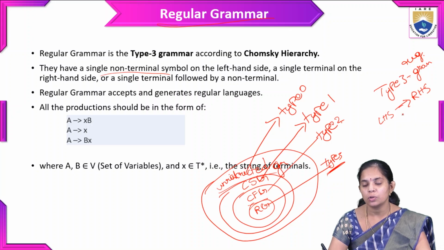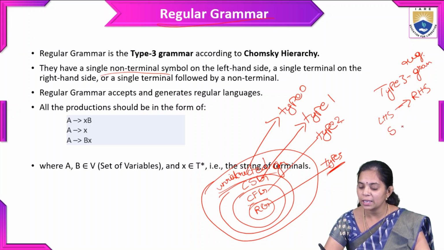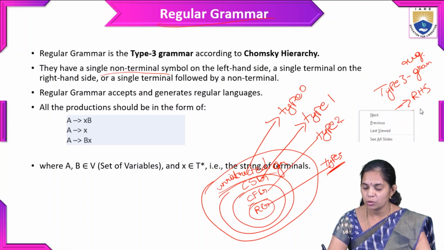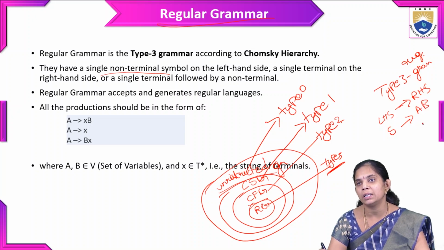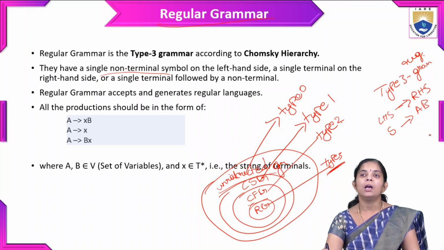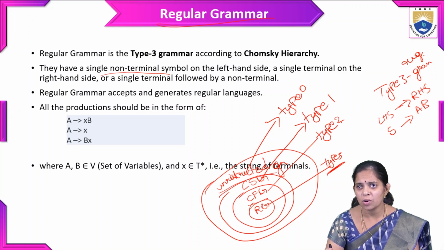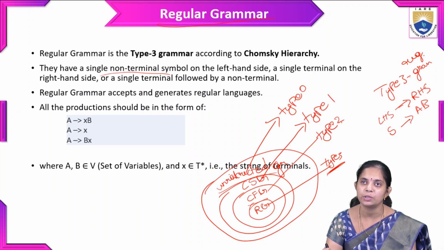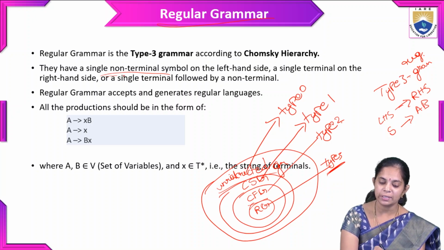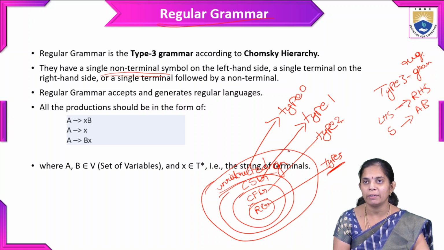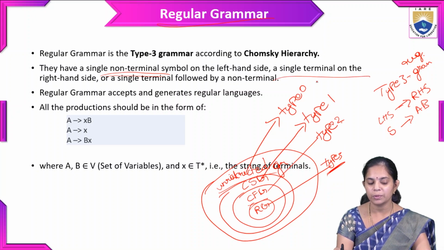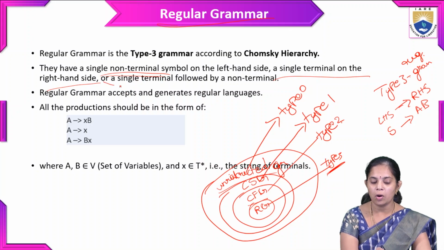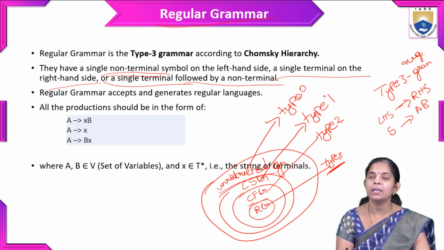In this production rule, the left hand side is only a single non-terminal, which leads to a combination of two non-terminals, or a single terminal, or a single terminal followed by a non-terminal.